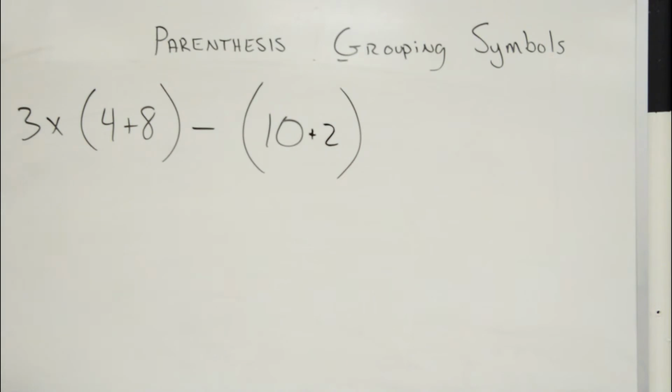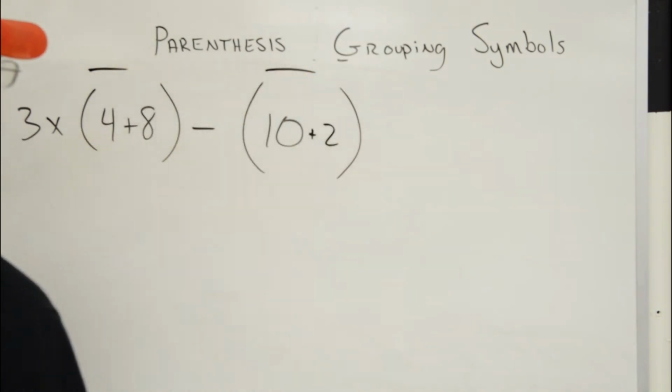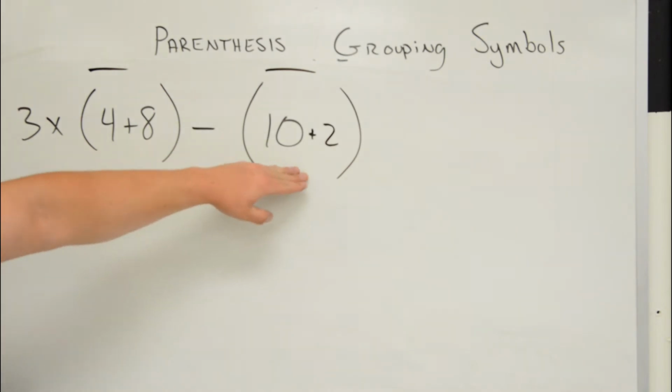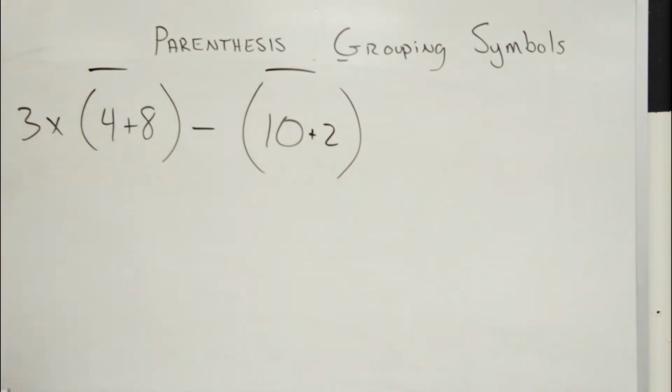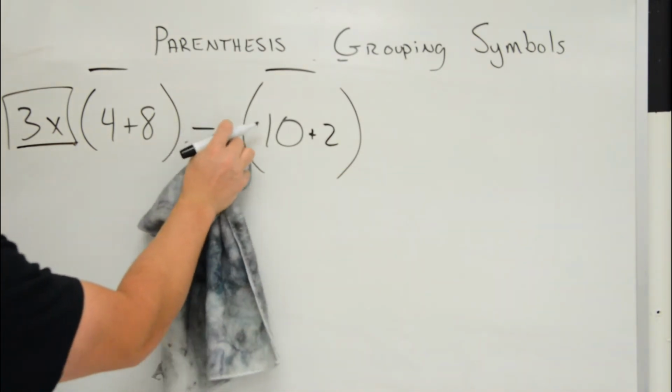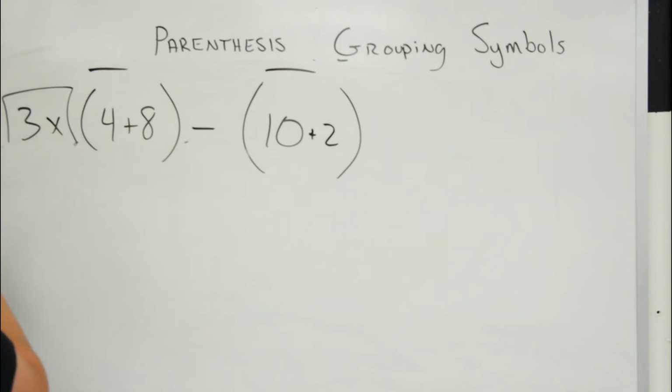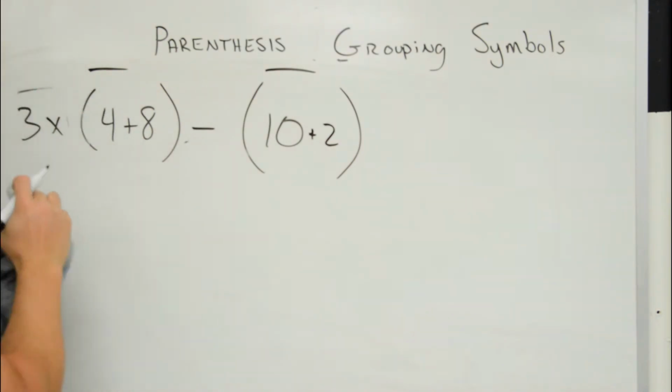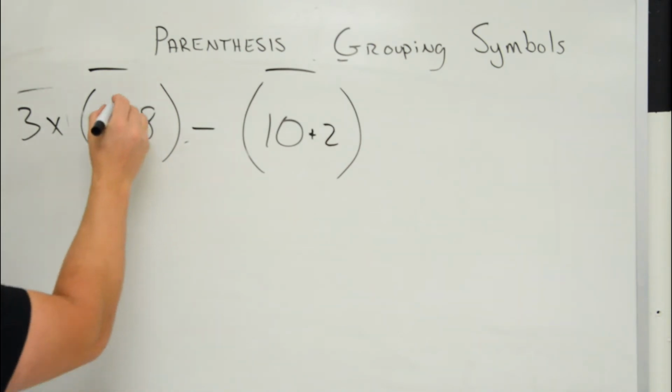So now we got 2 different grouping symbols. We got parentheses right there and there. We've got to do the parentheses before we ever get to the multiplication operation or the subtraction operation. Okay? So make sure we do the parentheses first before we get down here. So start from this one right here.